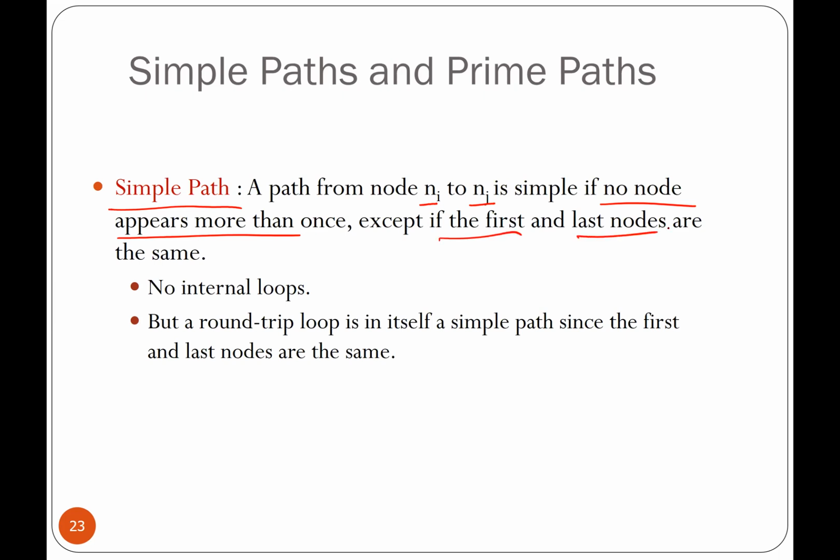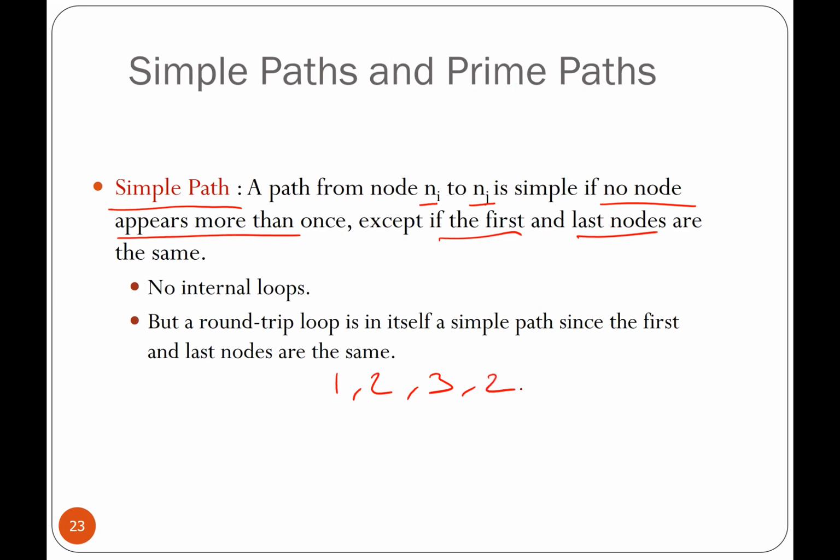Now, before we get to this one, I want to go through a number of examples and you tell me if this is a simple path or not. 1, 2, is that a simple path? Yes. All right, 1, 2, 3, simple path? Yes. Okay, 1, 2, 3, 2.